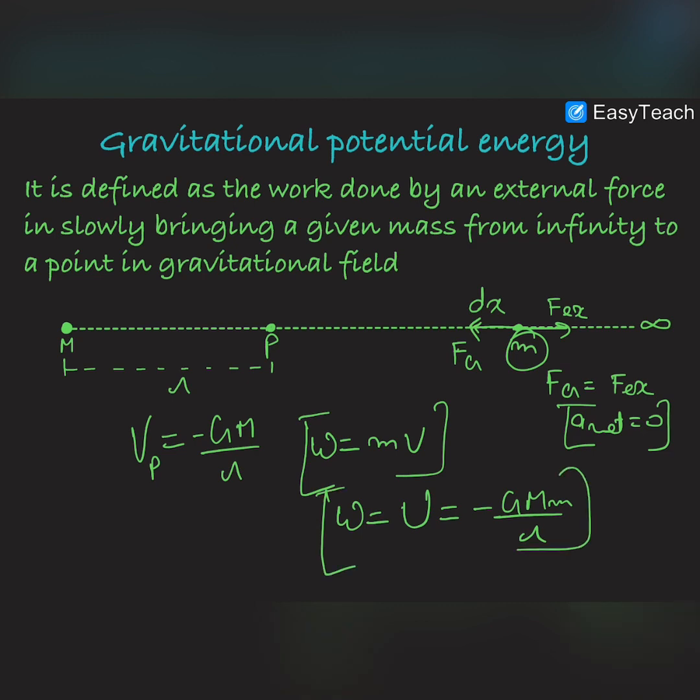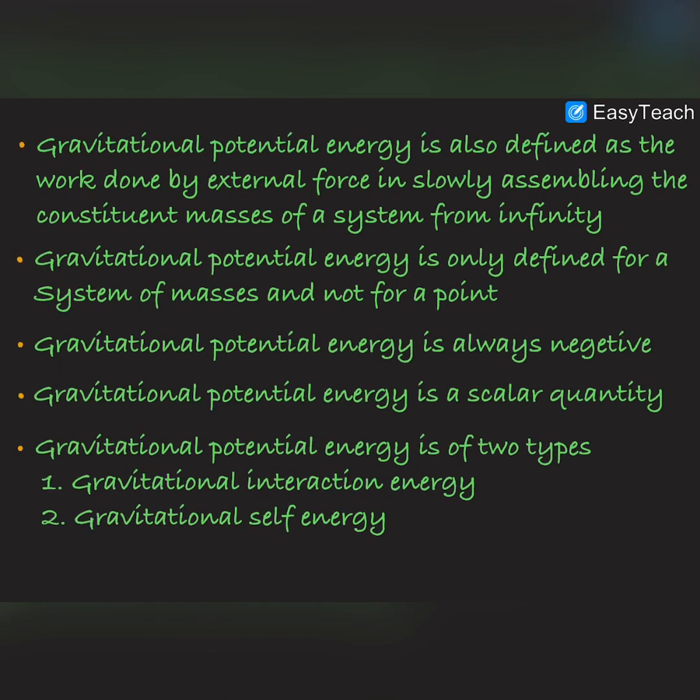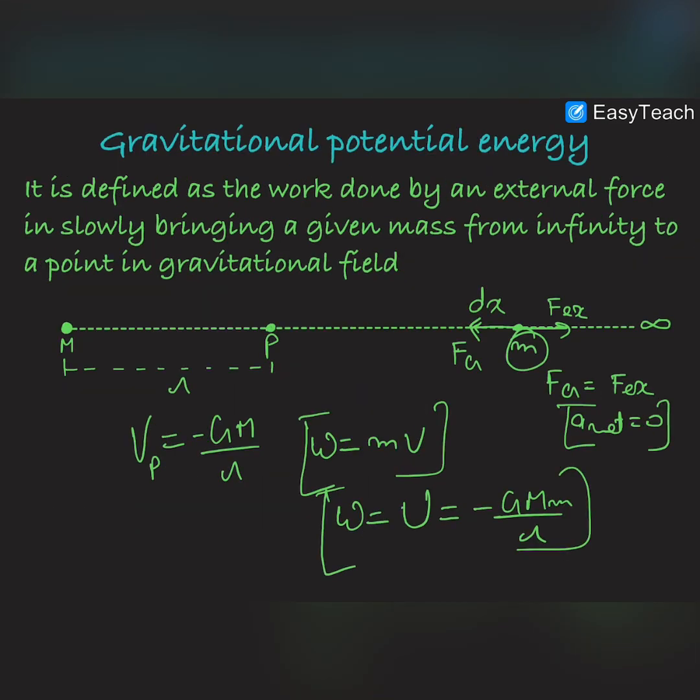So potential energy is always defined for a system, obviously, because it is a quantity held by a system, not a single or individual body. And you can also define the gravitational potential energy as the work done in arranging or assembling these masses M and m from infinity to these points.